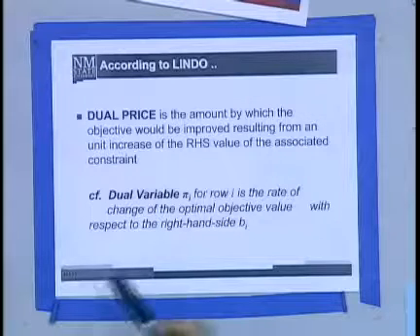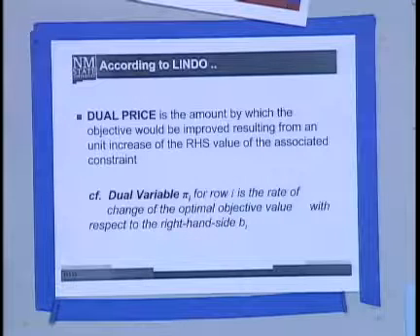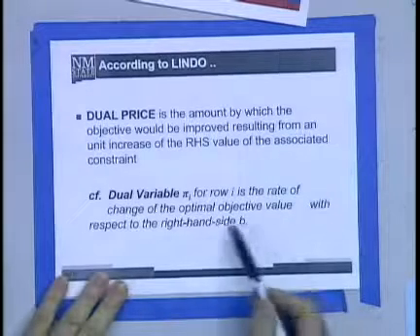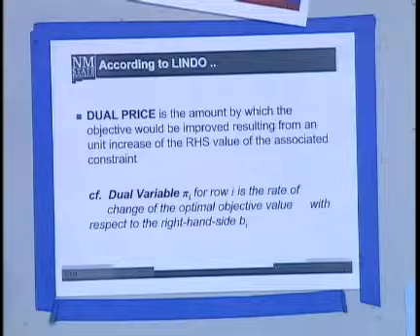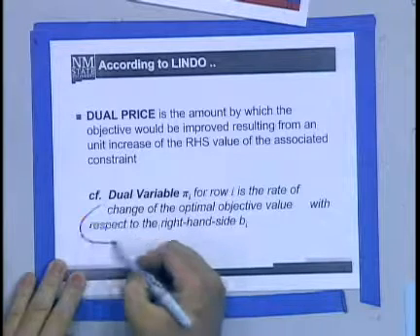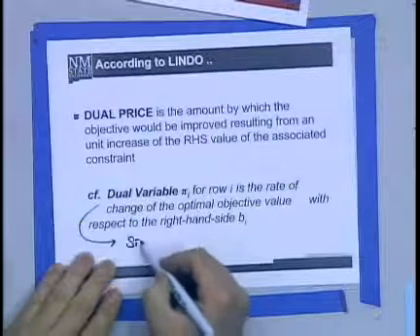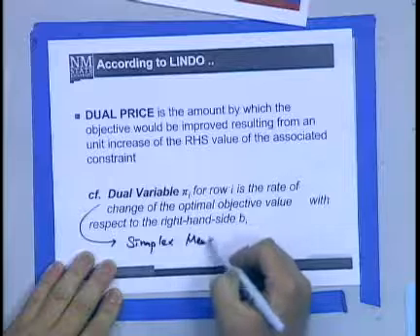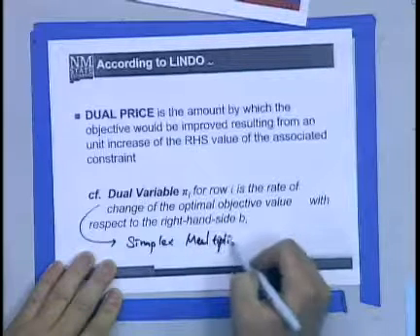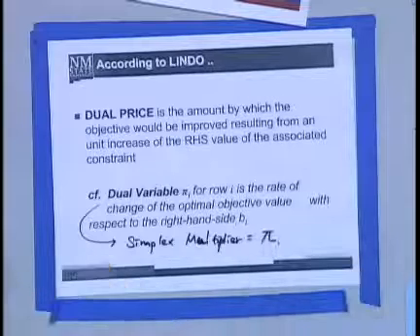And what was the dual variable? The dual variable represents the rate of change of the objective function value with respect to the corresponding right-hand side values. Okay? And this dual variable is also called the simplex multiplier, which is represented by pi, right?